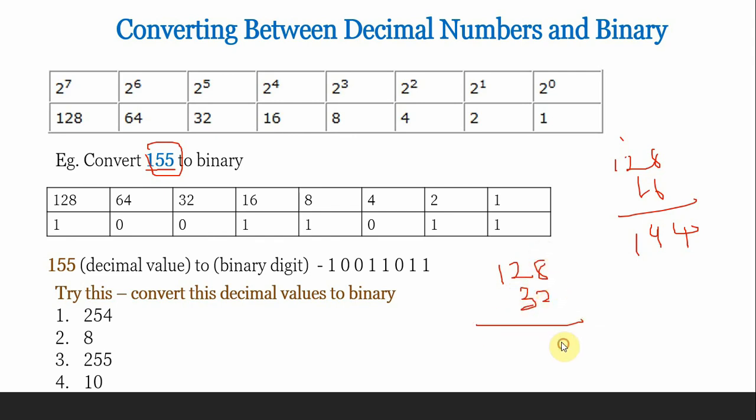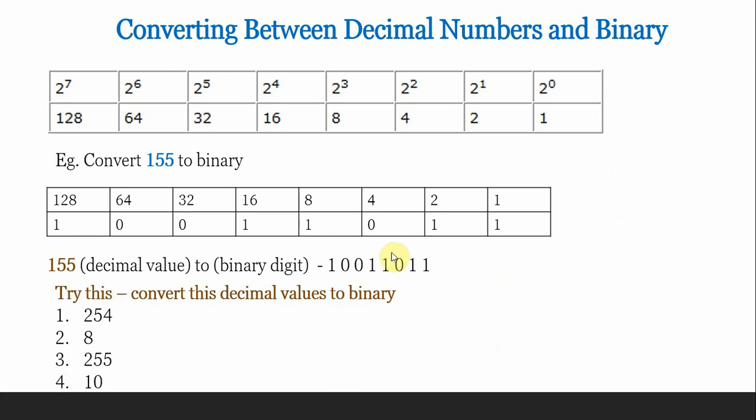This part is going to be 0, and this means it exceeds the value. So we are going to use 16, and we got 144. That is what we got when we add these values. It is still not up to 155, so let's pick 8 and add 8.